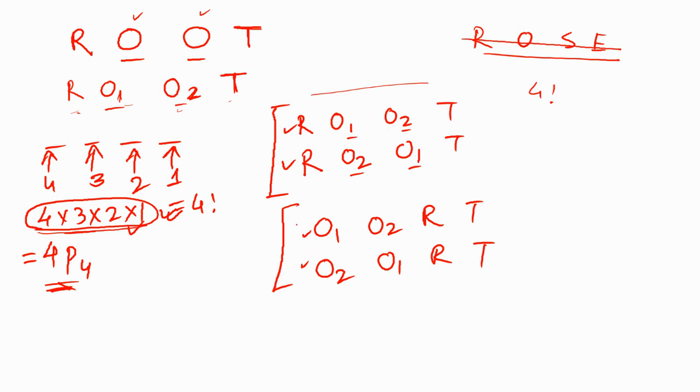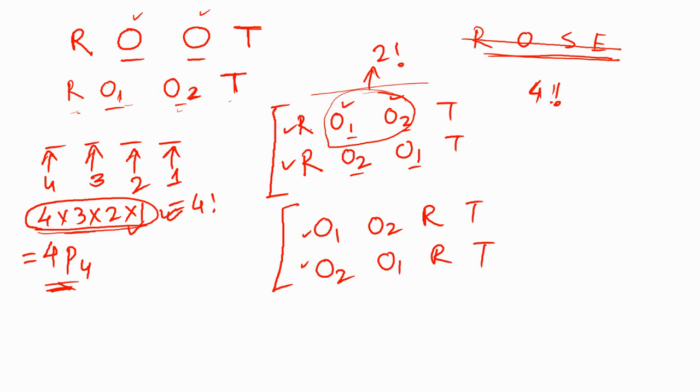So what we are seeing is, this is like two letters like this. These two letters can rearrange among themselves in how many ways? If it's four letters, they can rearrange among themselves in 4 factorial ways. So if it is two letters, they can rearrange among themselves in 2 factorial ways, right?